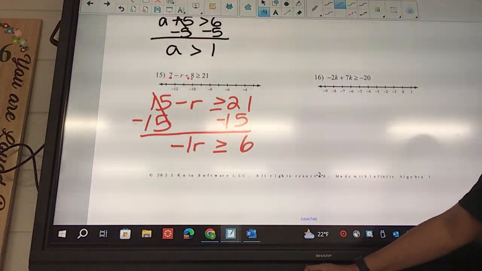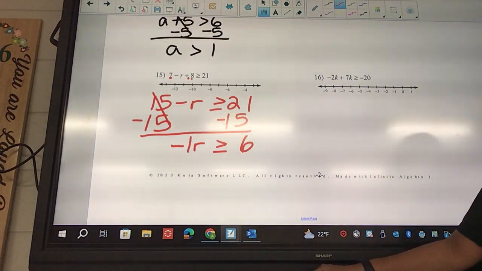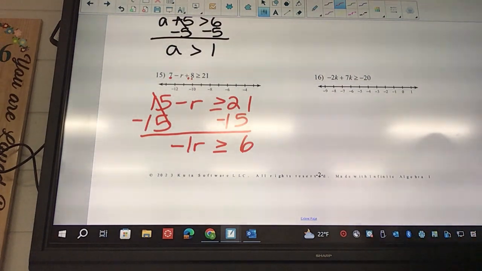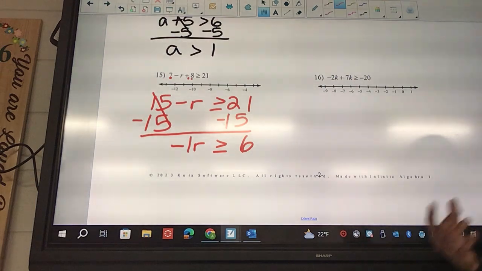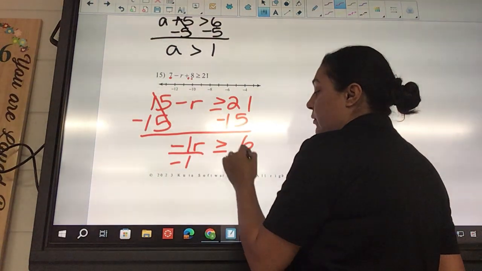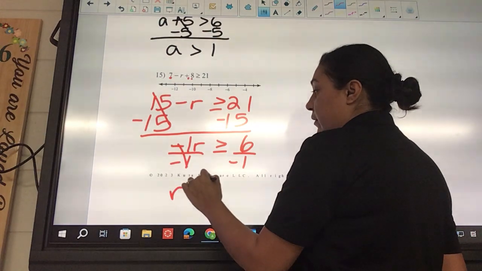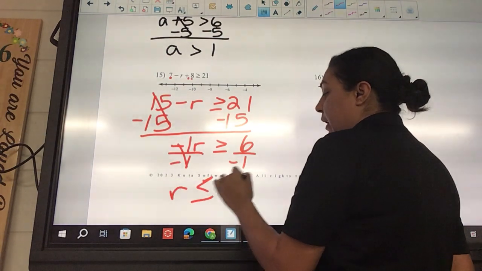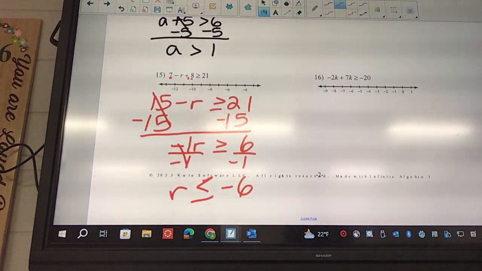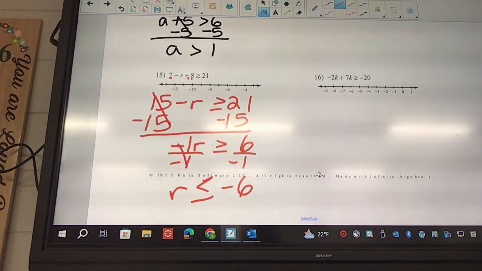Okay, and then what needs done? Divide by -1. So if you forget to do the -1r, you're gonna forget to flip the sign, and you're gonna have a +6 when the answer should really be -6. Okay, so we're gonna flip, and it's gonna be -6 instead. Okay, so on your test, if you forgot those two things, then that's gonna be -2.